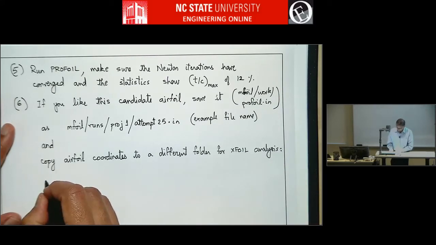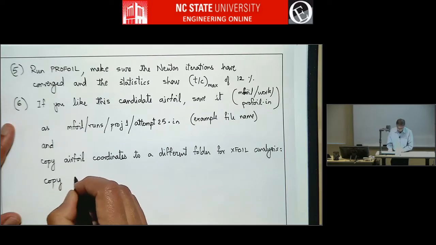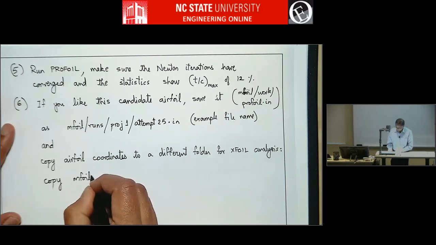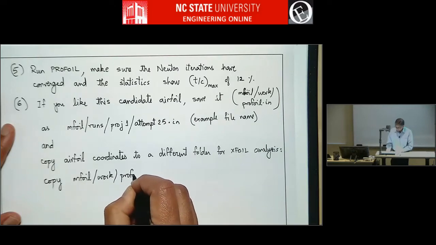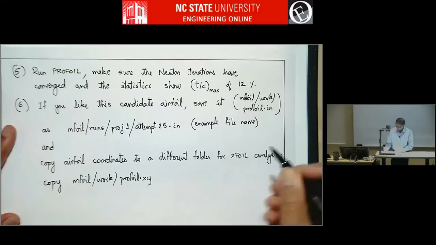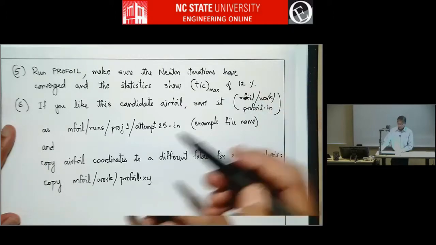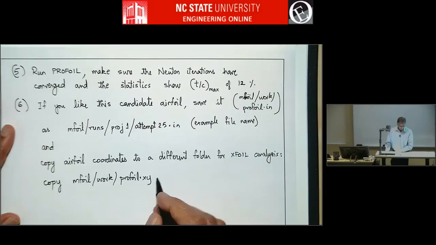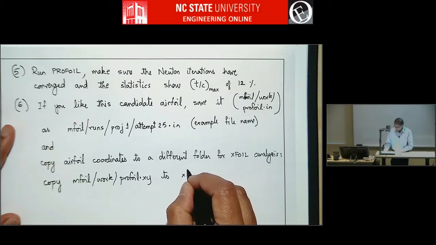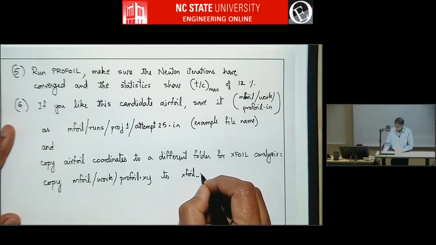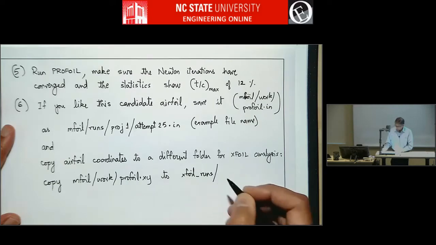So this could be something like copy. The coordinates are in mfoil/work, and they're in the file called profile.xy. Immediately after you run profile, this file is created. It's got the coordinates, so you copy it to whatever folder you have.